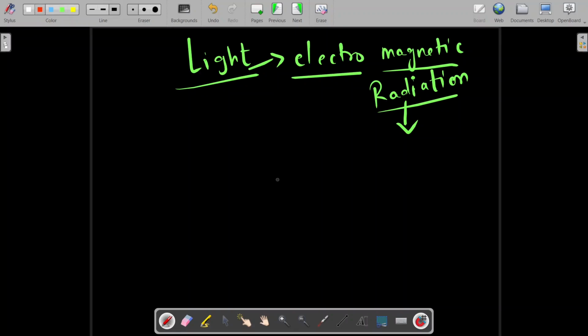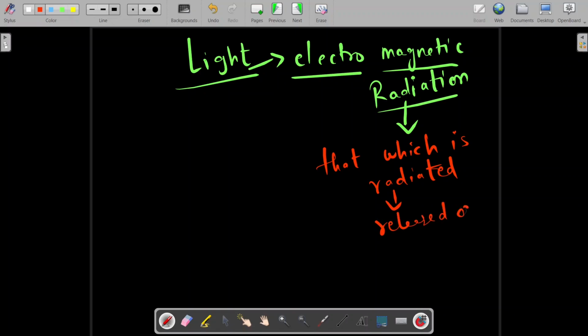Okay, what is radiation? That which is radiated is called radiation. Radiated in the sense released, or we can say spread.